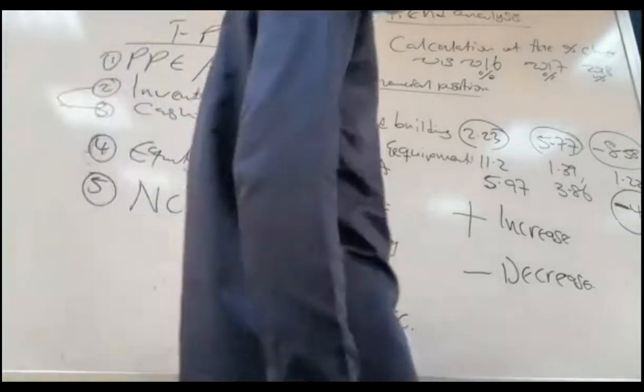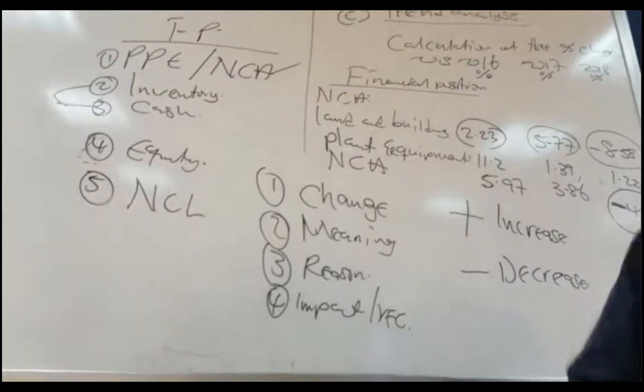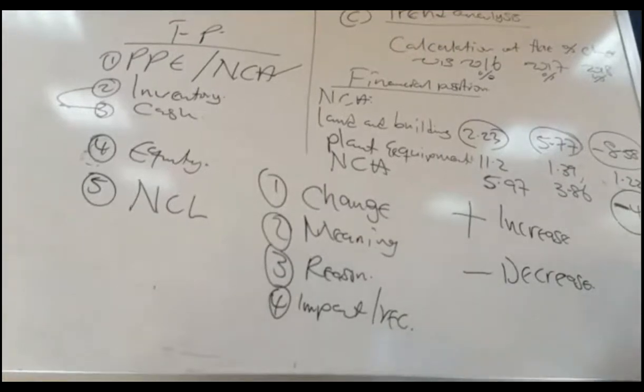Yes, they have given us dividend. You also have to calculate dividend, it is also part of it. So check whether the non-current liability is increasing or decreasing. If your non-current liability is increasing, that's a danger.